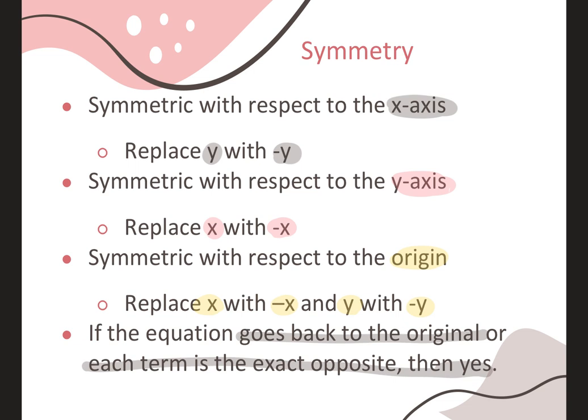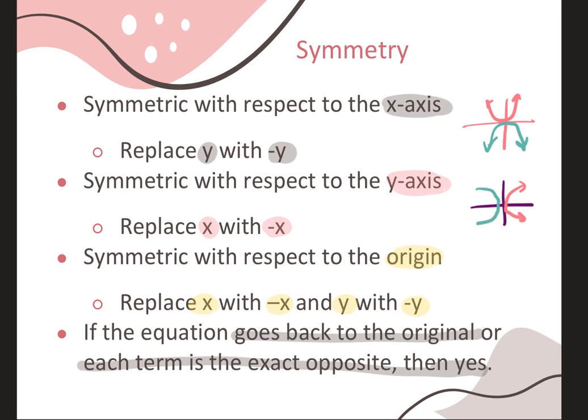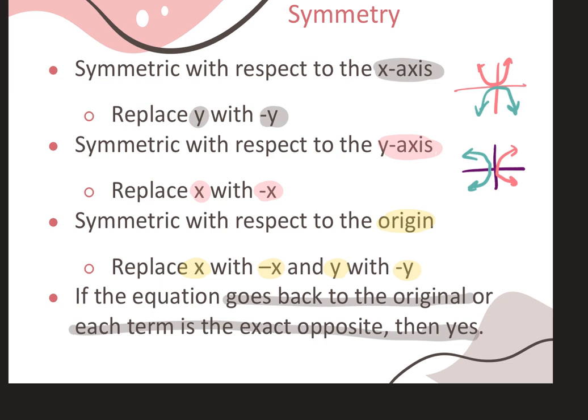Visually, the x-axis means whatever's on the top would be reflected over the x-axis on the bottom. If it's the y-axis symmetry, whatever happens on the right is going to be reflected over to the left. And then the origin, anything that happens in the top right gets reflected to the bottom left.